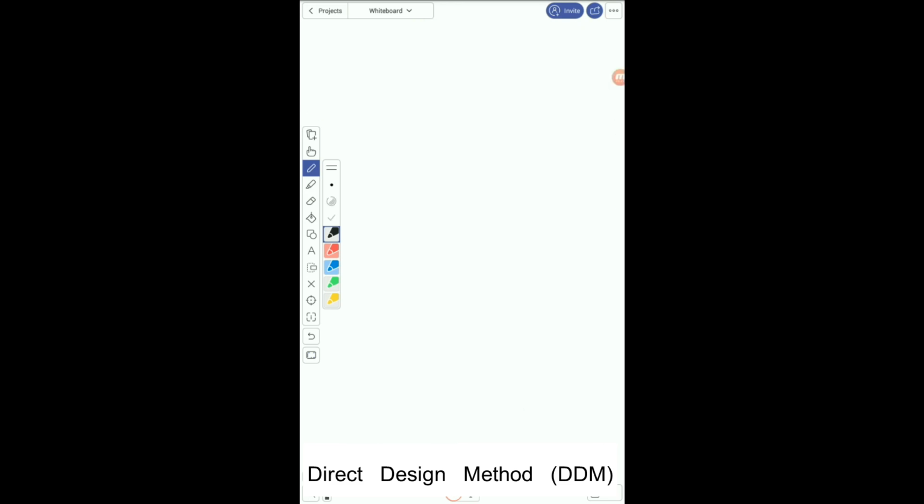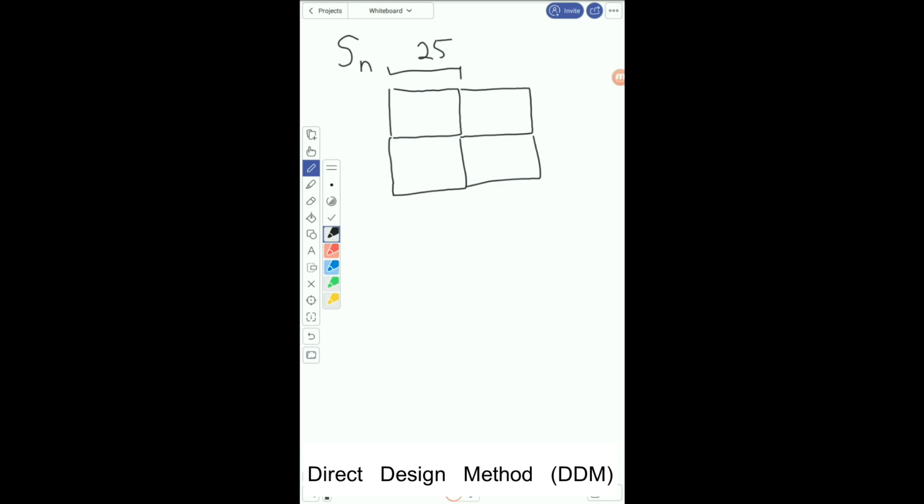In a very similar way, if we have to calculate the value of Sn, which is the shorter clear span, I'll just consider again the same figure. This is 25 here, this is 20 feet here, in this direction.